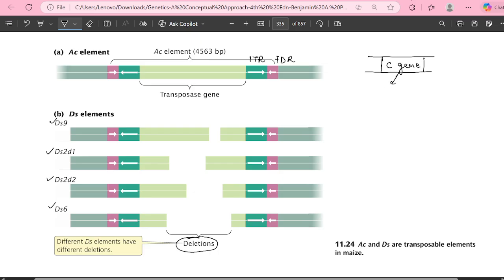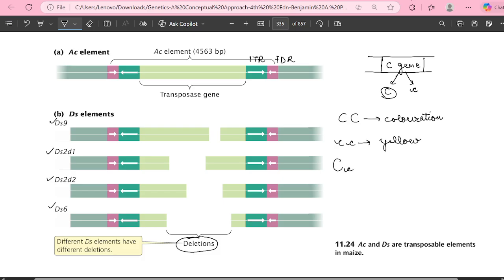This C gene can have two alleles, capital C and small c. Capital C is the dominant allele and it will cause the pigmentation. When the kernel has the capital C genotype, the coloration will definitely be produced, or the streaks will definitely appear. If there is a small c, it is a yellow or colorless kernel.